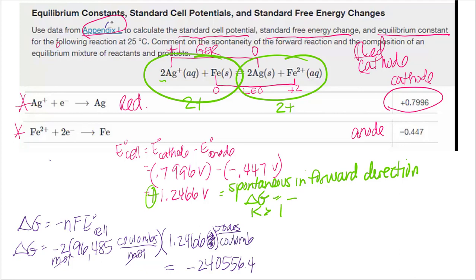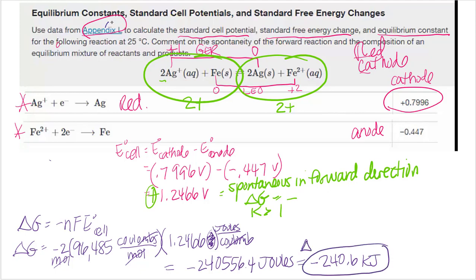So if I substitute that in there, coulomb and coulomb will cancel. So we're just going to be left with joules. Now remember, we want our delta G in kilojoules. So I'm just going to move my decimal point back 3 spots. So that'll give me negative 240.6. And this will be in kilojoules or kilojoules per mole, either one.